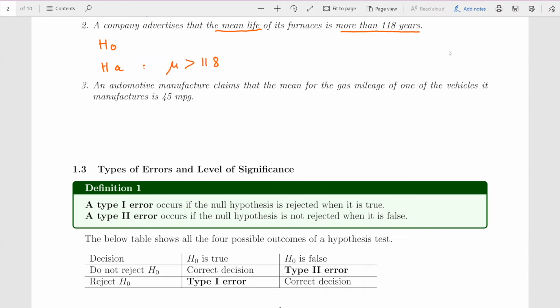This is the claim, and the null hypothesis will be just the opposite of the alternative hypothesis. In words, the null hypothesis is the mean life of its furnaces is at most 118 years. And the alternative hypothesis is the mean life of its furnaces is more than 118 years.